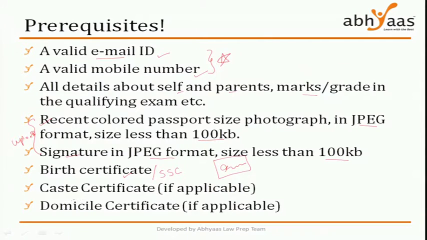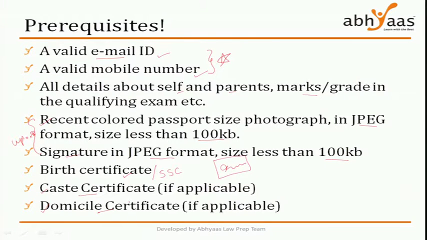The next two certificates you need are your caste certificate and your domicile certificate. Caste certificate is needed only if you belong to a particular reserved category, and you need to produce it during your admission process. The next certificate is your domicile certificate.